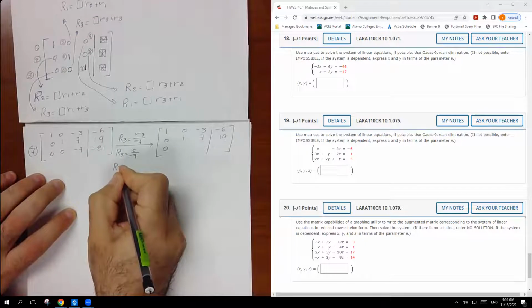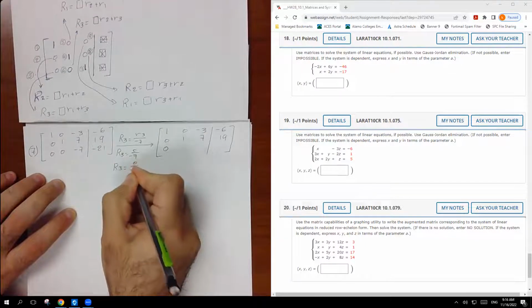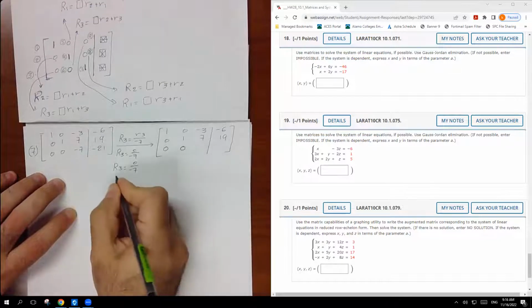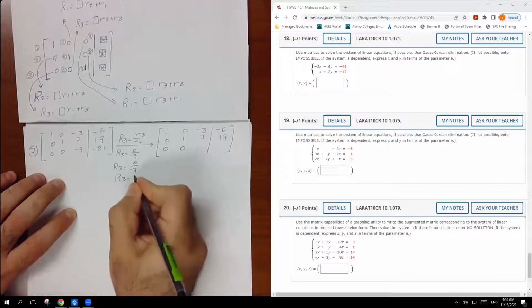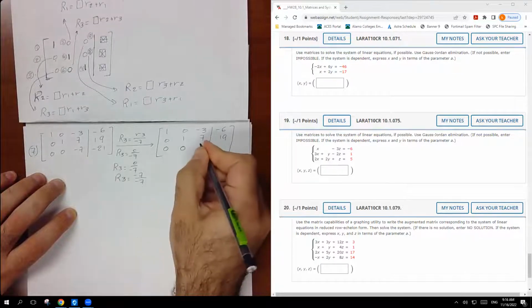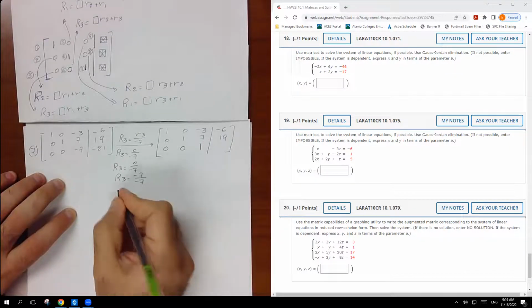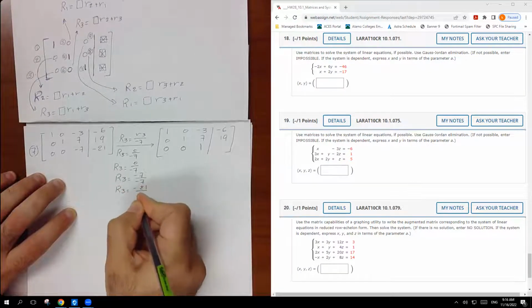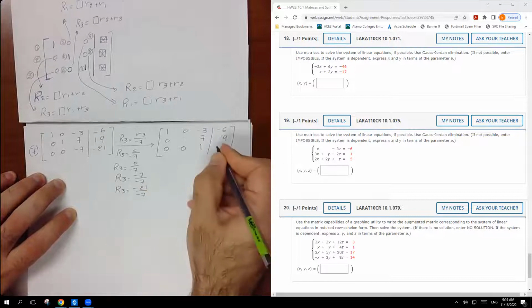The second element, also 0 divided by -7, is going to be 0. The third element is -7 divided by -7, which is 1. And the fourth element is -21 divided by -7, which is 3.